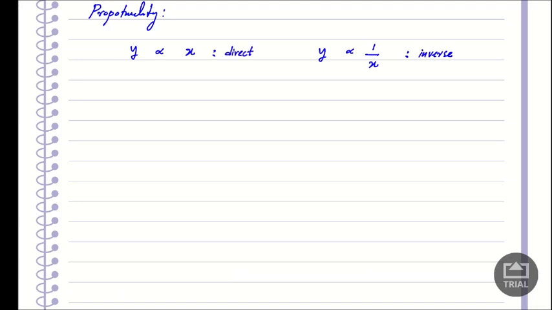In the direct proportionality case, when x is increasing, y is increasing. In the inverse case, when x is increasing, y is decreasing. Example? Okay. Student grade is proportional to hard work. Makes sense.